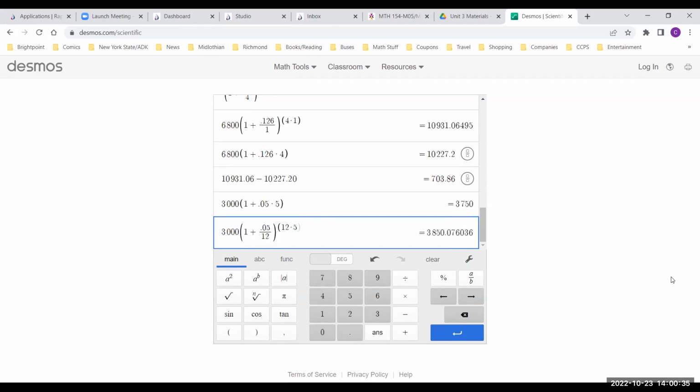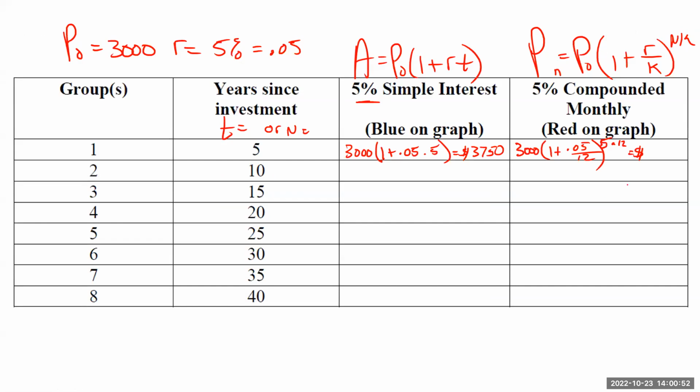So now all I have to do for the rest of them is change the 5 to a 10, change the 10 to a 15, etc. So with compound interest, we got 3,850.08. All right, guys, pause your video right now.